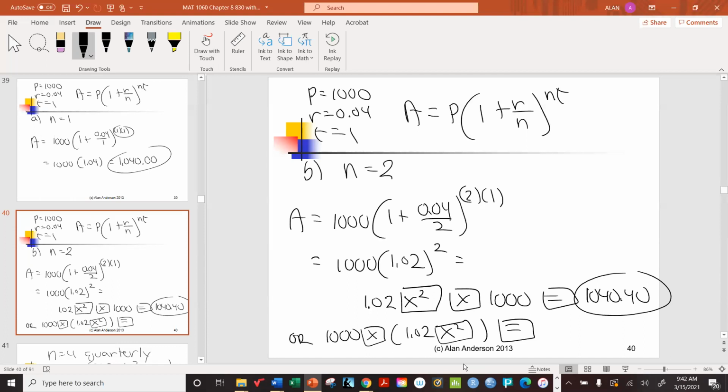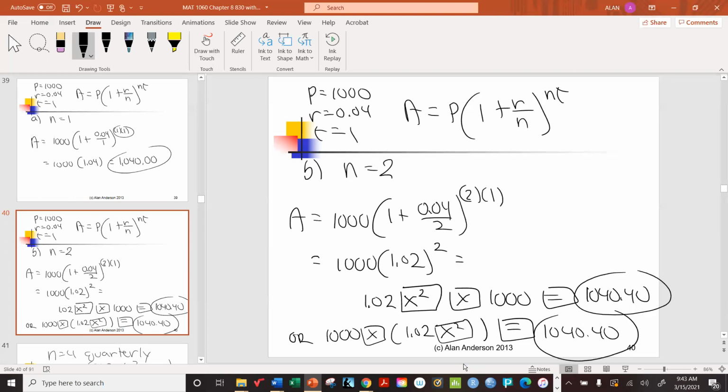I kind of like the first, but you can do them both. It doesn't matter. If you want to go from left to right, though, you've got to make sure that the expression 1.02 squared is in parentheses. When we get to our more complicated formulas, you may want to do it piece by piece. Either way, you're going to get the same answer.